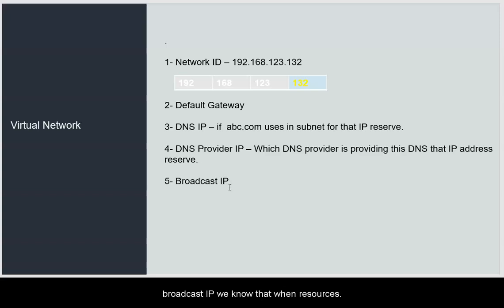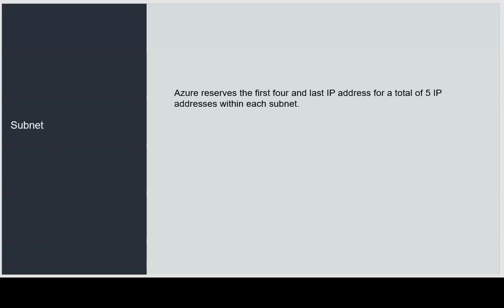And the broadcast IP: we know that when resources are in the subnet, this broadcast IP passes the information to all the resources inside the subnet. So that is the broadcast IP. And as I told you, 5 IPs are reserved for every subnet.